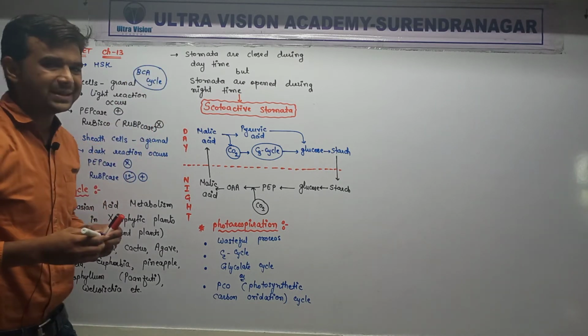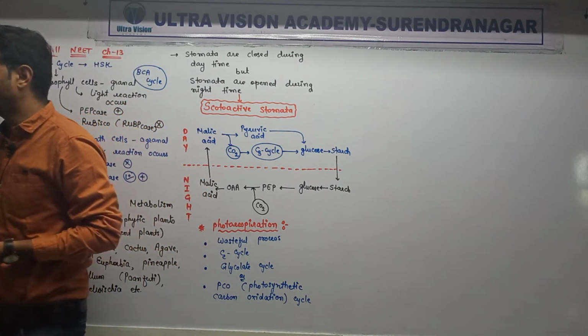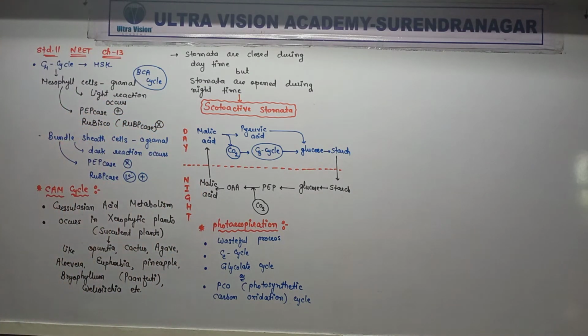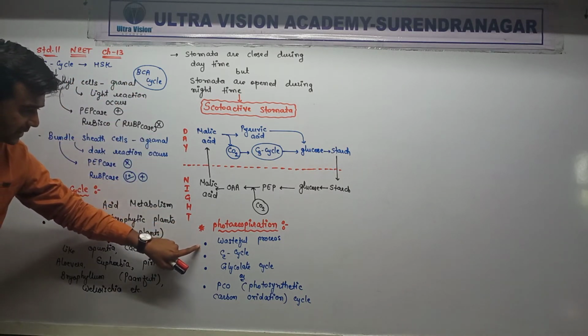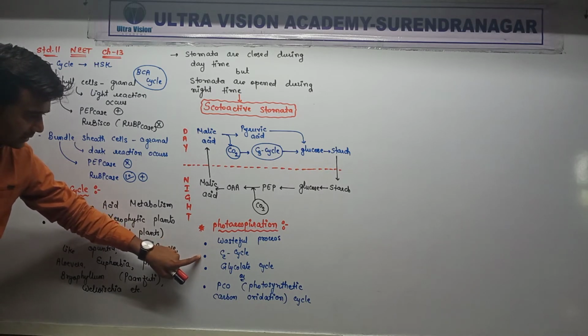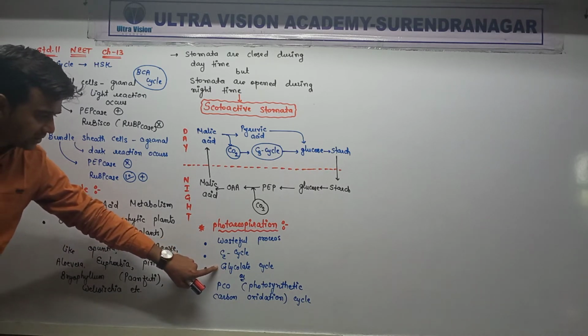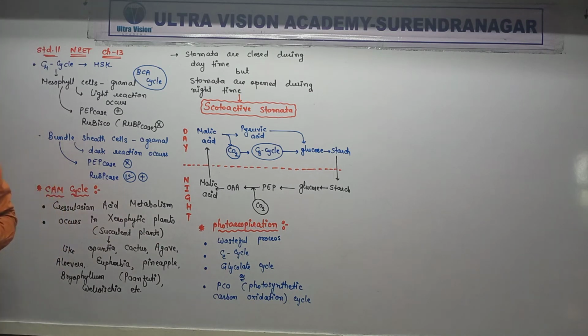In oxaloacetic acid, 2 carboxylic acid groups are there. So C4 cycle is also known as BCA cycle, whereas photorespiration is the C2 cycle because glycolate is of 2 carbon, and the first stable product is glycolate, so it is also known as PCO cycle.